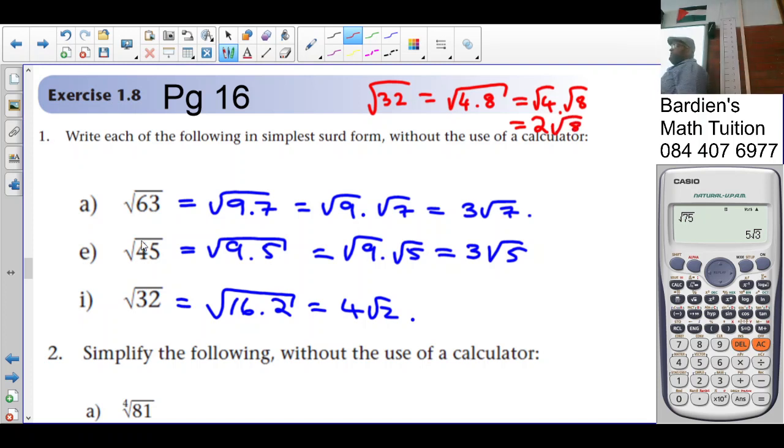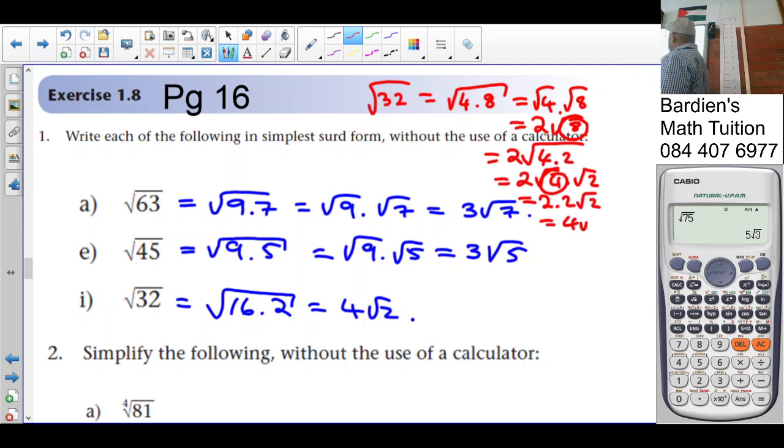Not so? But you see there's another perfect square that can go into 8 again. So then you must take it further. So that's going to give you 4 times 2, which is 2 root 4 times root 2. Square root of 4 is 2. So it's 2 times 2 root 2, which is 4 root 2.